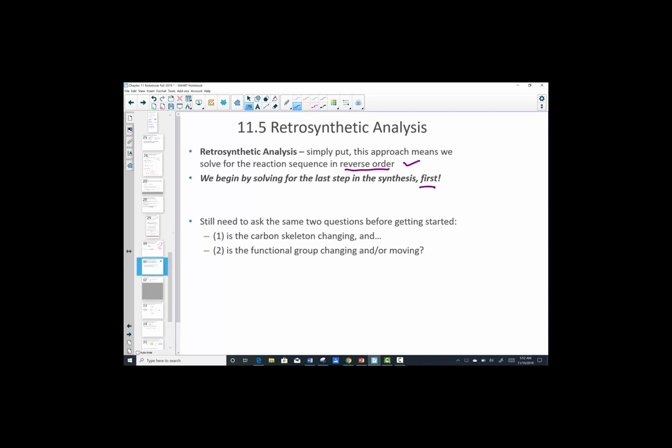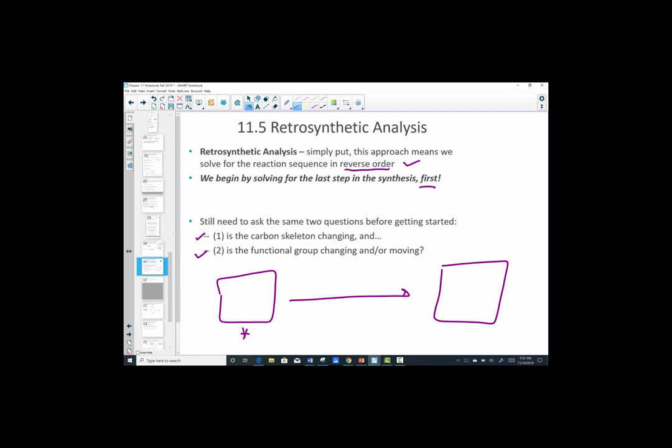And just still ask yourself the same 2 questions. Is the carbon skeleton changing? And is the functional group changing and or moving? Same key questions, but instead I have this reactant and I have this long arrow and I'm given a product.